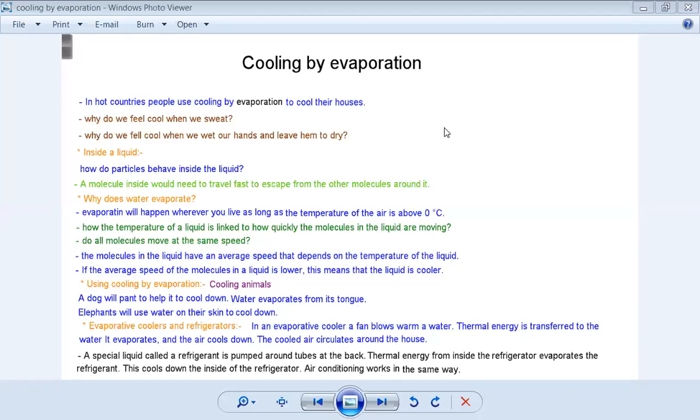So what can we get? 120 divided by 2. We get 1.60.